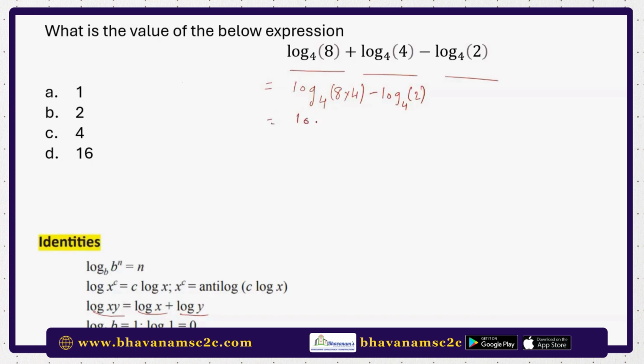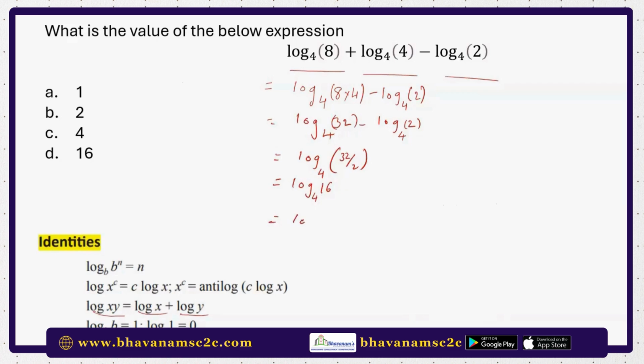It will be log 32 to the base 4 minus log 2 to the base 4. It will be log 32 by 2, that is equal to log 16 to the base 4.